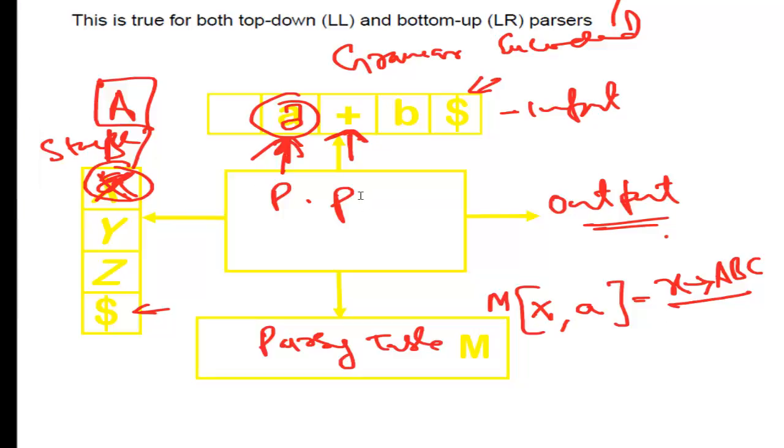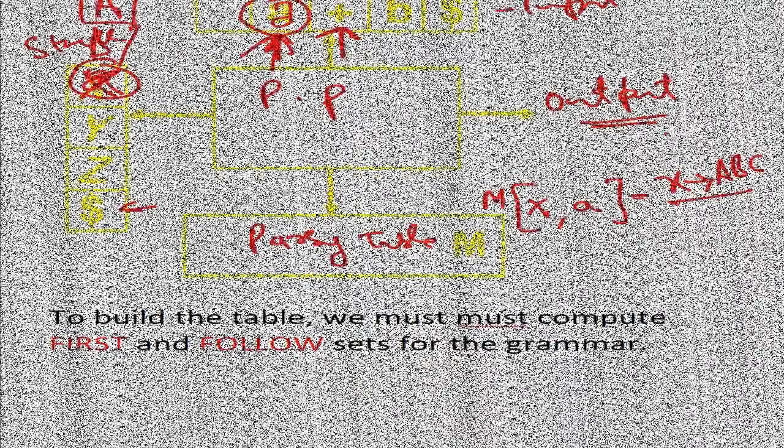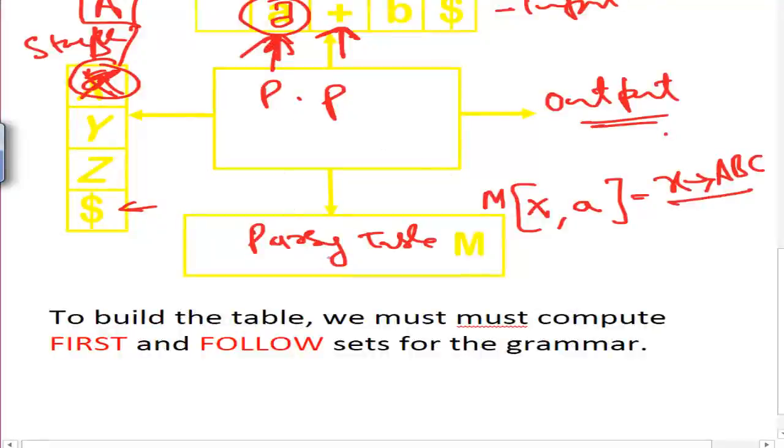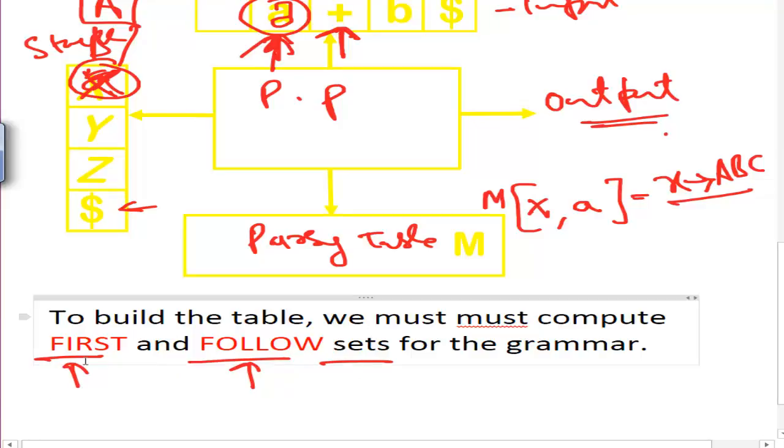But before we can do anything, we have to build the parsing table. That is, we have to encode our grammar into this parsing table. To build this parsing table, we must first compute the first and follow sets. So what are these first and follow sets? Now let's try to learn these things. When we understand the first set and follow set and how to compute them, then we can build the parsing table.